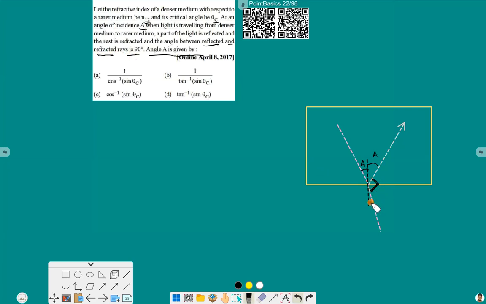So this angle will be equal to 90 minus A, because the total angle is 180, out of which this is 90 and this is A, so the remaining will be 90 minus A. Now at this point we can apply Snell's law, where the refractive index is N12, and assuming air of refractive index 1, we will have N12 sine of A is equal to 1 into sine of 90 minus A.